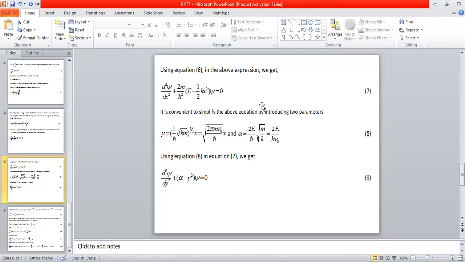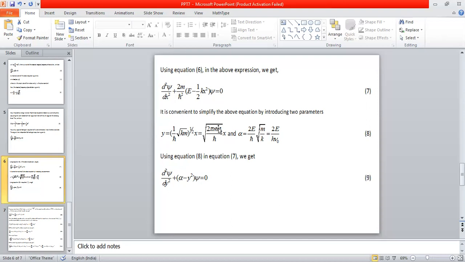So in order to bring equation 7 into a standard form, which can be solved easily, we are inserting two different parameters. One is the y parameter, and another constant parameter is what we call alpha. The relation between x and y is mentioned here, and the value of alpha is also mentioned here.